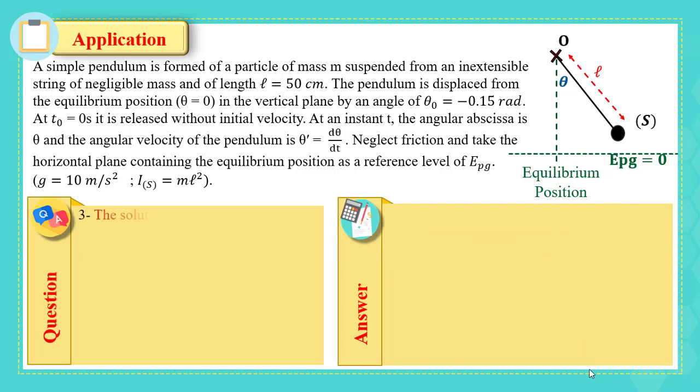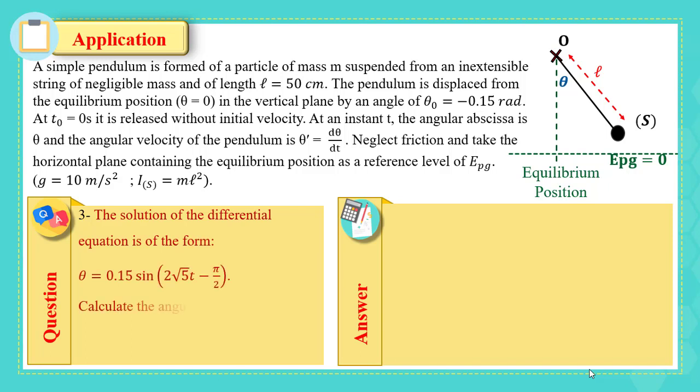The last part: the solution of the differential equation is given by 0.15 sine(2 radical 5 t minus pi over 2). Calculate the angular velocity as it passes through the equilibrium position for the first time. Directly you will think of finding the expression of the angular velocity, and it's not wrong.